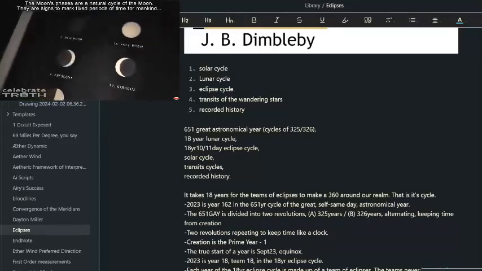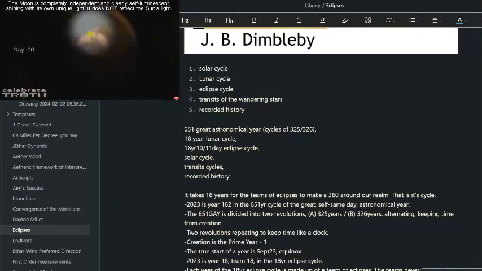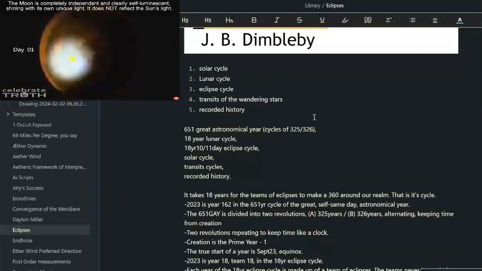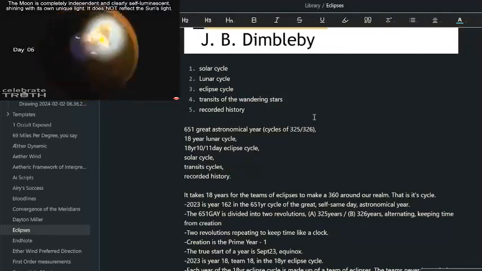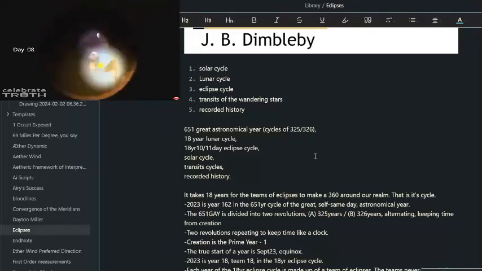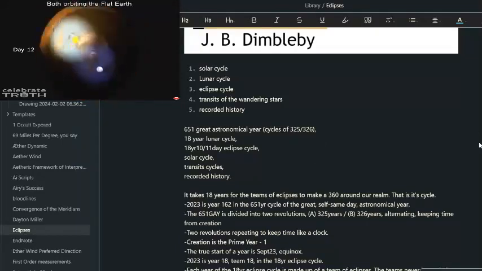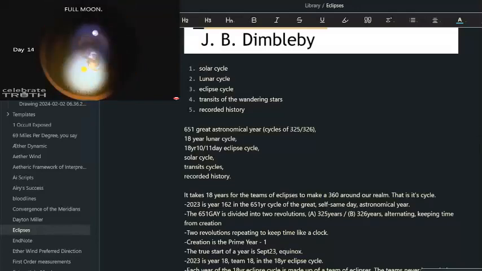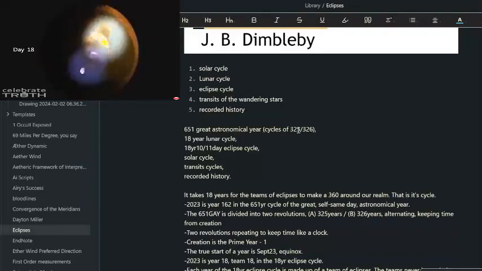And it offsets between cycles of 325 and 326 to get specific. Within that is comprised the 18-year lunar cycle, which then has an oscillation of 10 or 11 days. It's not quite clear, right? Then it oscillates 10, then 11, 10, then 11, and then the regular solar cycle, which goes through the transit cycle, and then we have the recorded history. So these are the different ways we can account for and track time.